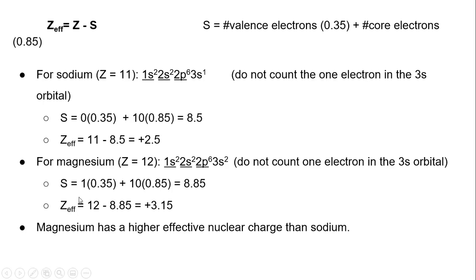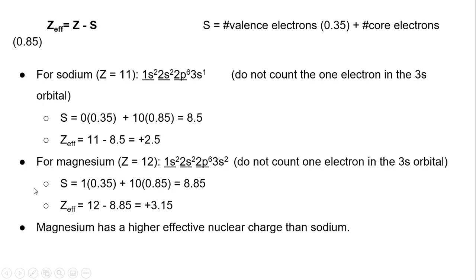Now, with magnesium, which is right next to it, is an atomic number of 12. This time we have 2 valence electrons, but we're only going to count 1. So think of it again as we're focusing on 1 valence electron out of that, and we want to count the other valence electron or other valence electrons that are there. But the one that we're focusing on does not get counted.